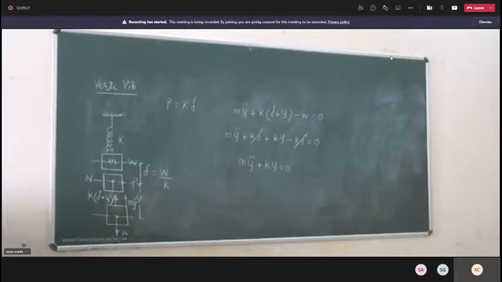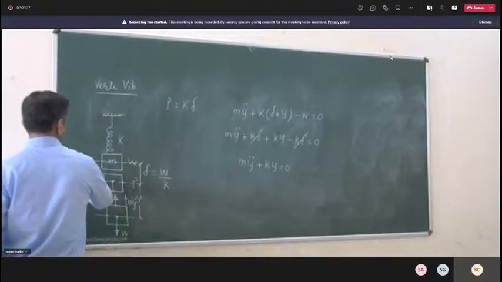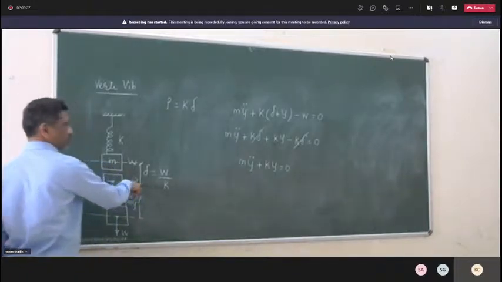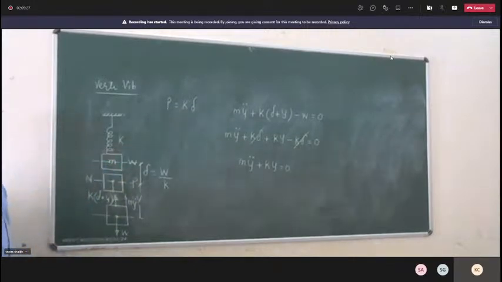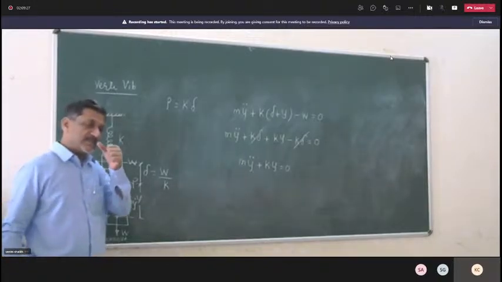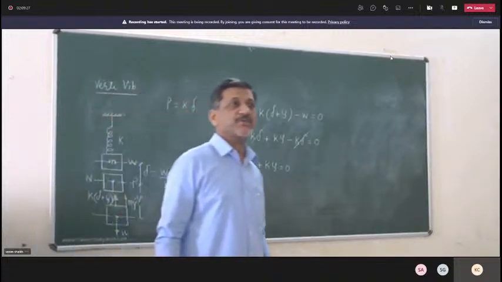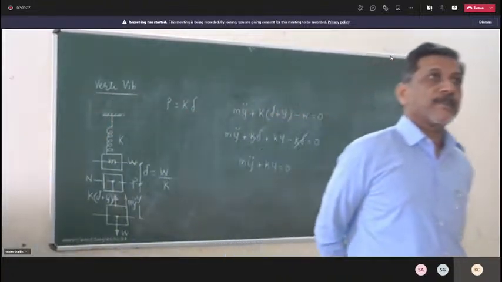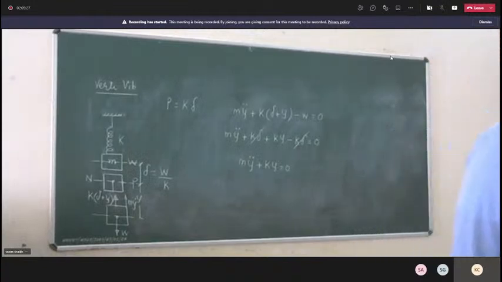Is it the same differential equation? So if you take the static equilibrium position as the neutral position, you get the same differential equation, no change. So vertical vibrations and horizontal vibrations are similar. This differential equation is the same as that of horizontal vibration.